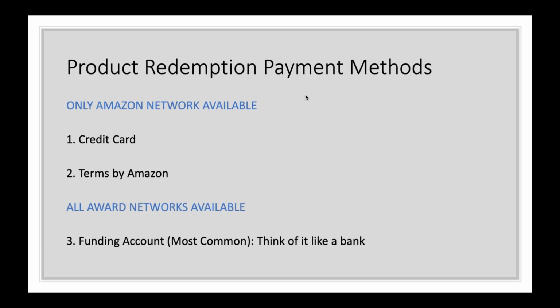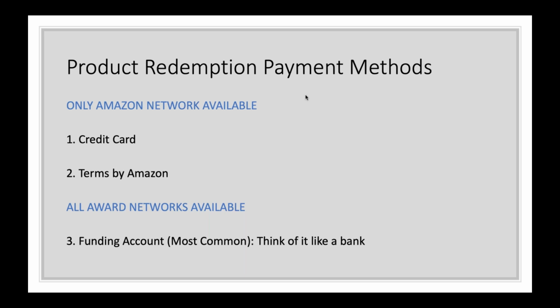It's the funding account. We recently changed the name of this payment method from retainer to funding account because the purpose of the funding account is to fund your points. A simple analogy is to think of it like a bank. When you write checks, you have to make sure you have enough money in your bank in order for those checks to cash.